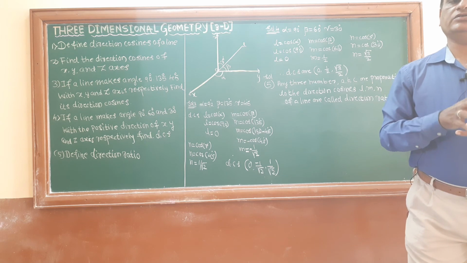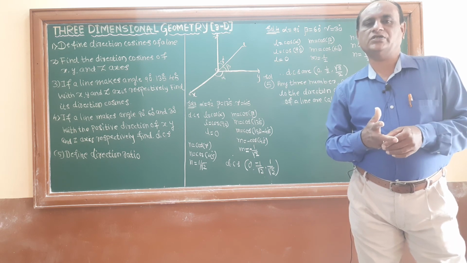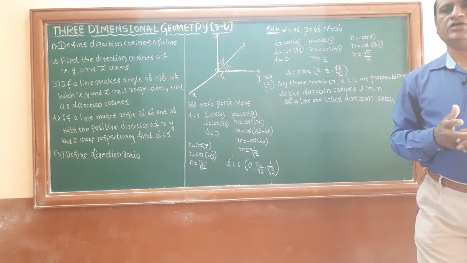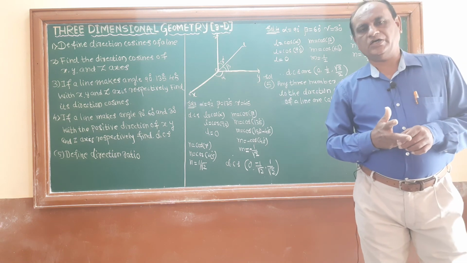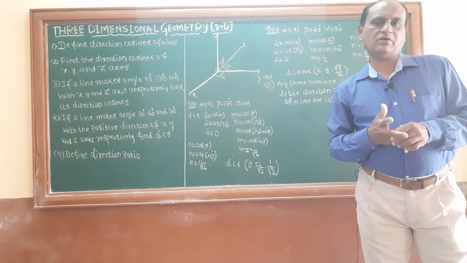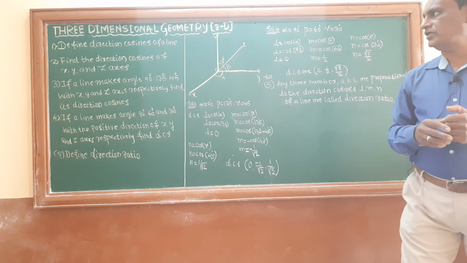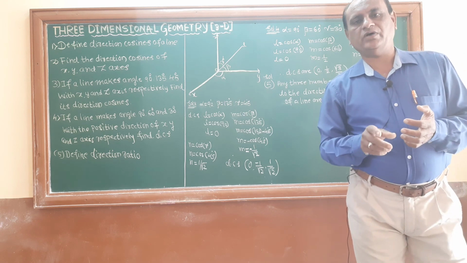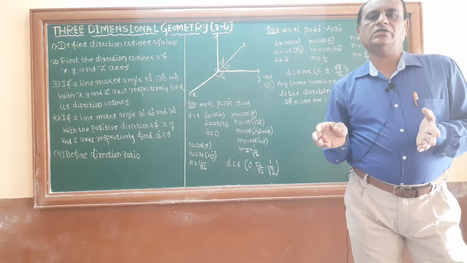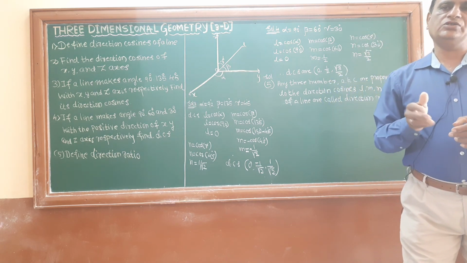Define direction cosines: if the line L makes angles alpha, beta, gamma with the x-axis, y-axis and z-axis respectively, then l is equal to cos alpha, m is equal to cos beta, n is equal to cos gamma are the direction cosines of the line L. Then the next point: find the direction cosines of the x, y and z axes. The x axis direction cosines are 1, 0, 0; the y axis are 0, 1, 0; the z axis are 0, 0, 1.